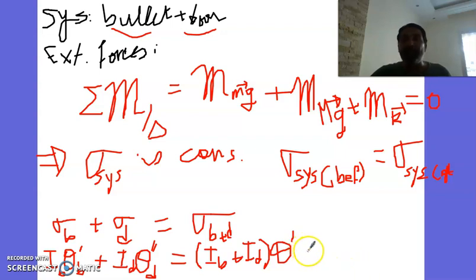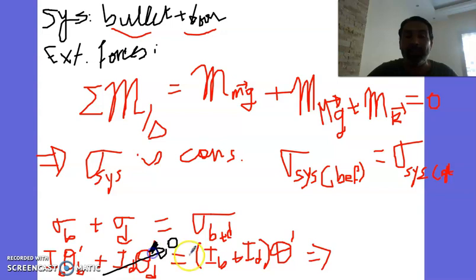Now let's resolve the moment of inertia I for each object. First of all, the door term is 0, because the door is at rest before collision, so its angular speed is 0.